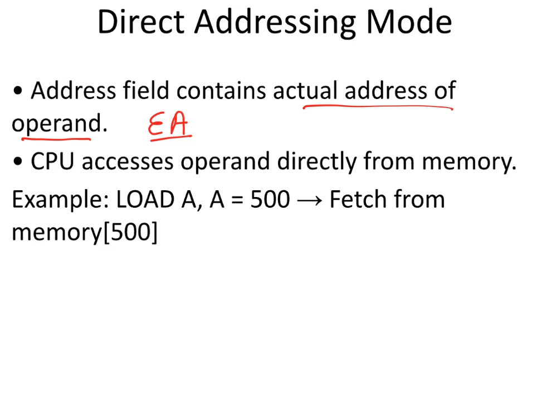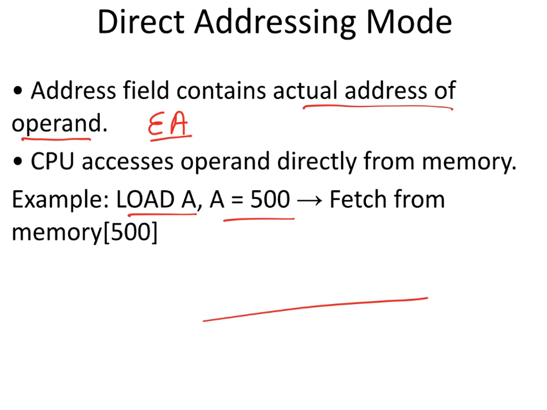Let us take an example: load A, where A is equal to 500. In your memory you have some location 500, and whatever data is available at that location will be fetched and stored to the accumulator. That is the direct addressing mode.